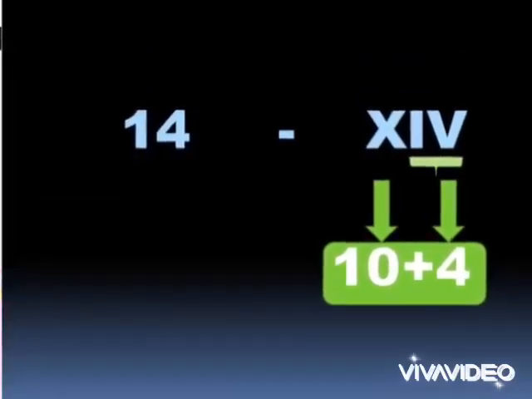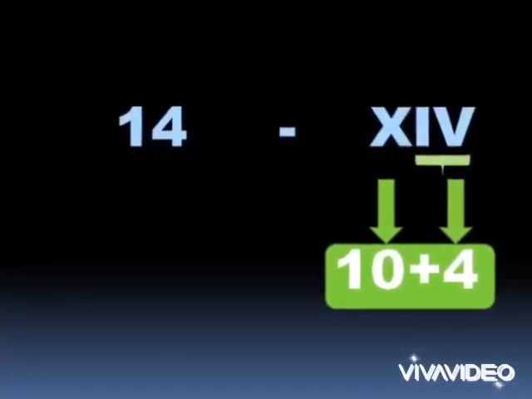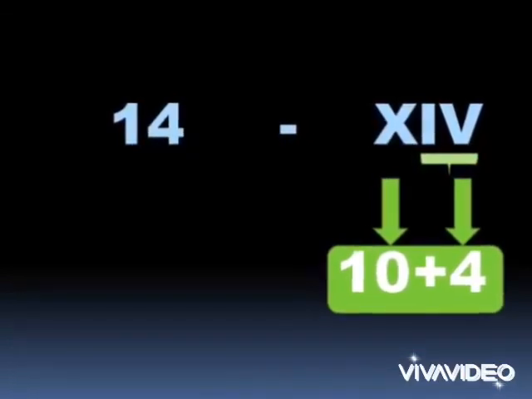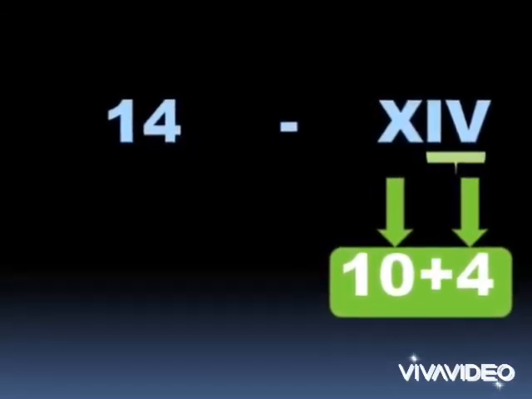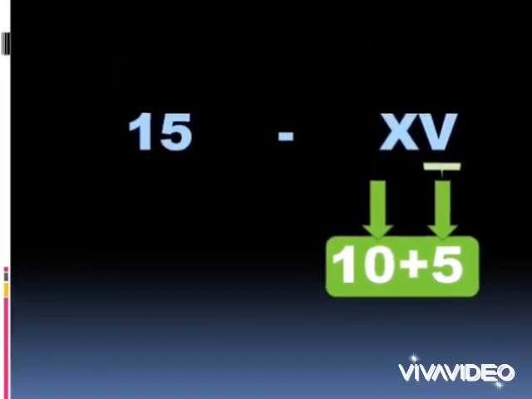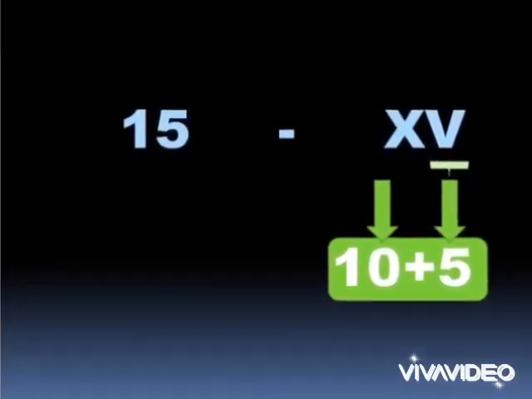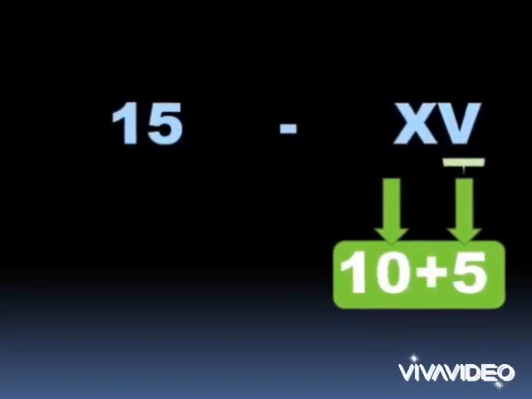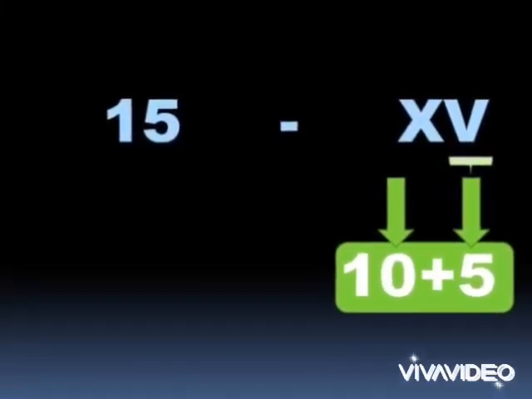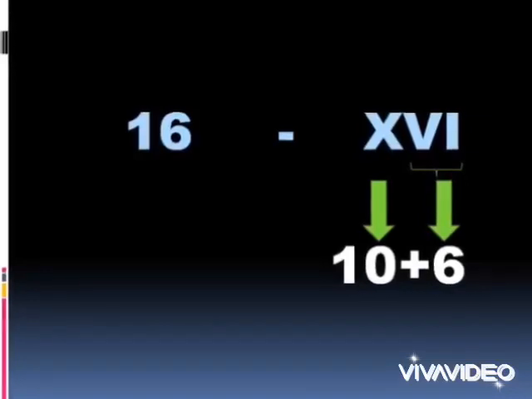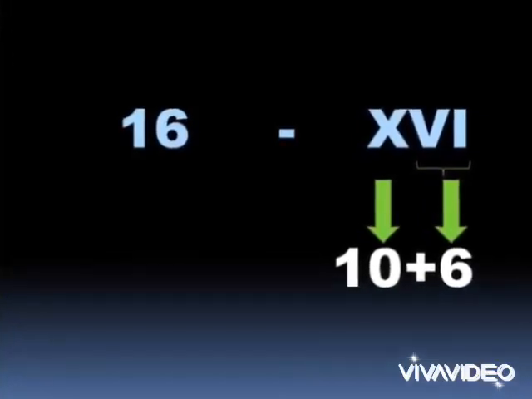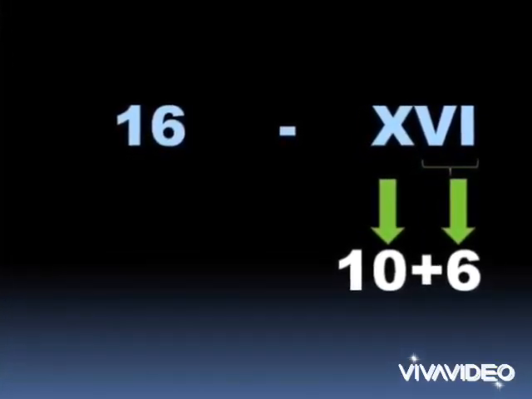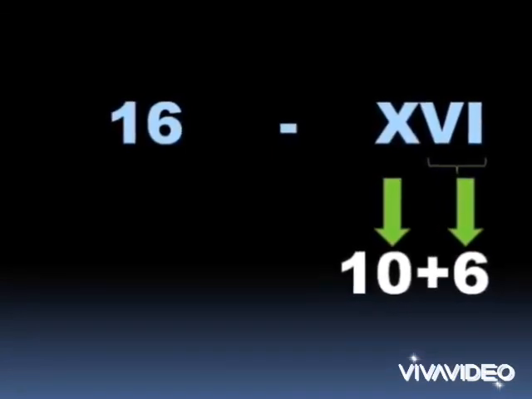We have already learned that 4 is written as IV. 15 is written in Roman numerals as XV. So here the value of V is added to the value of X. 16 in Roman numerals is written as XVI, where VI represents 6.